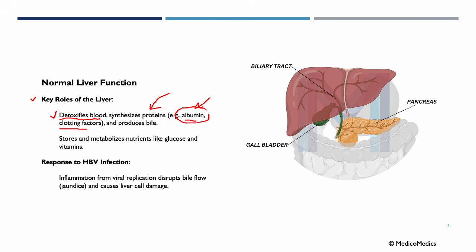Another one is clotting factors. So the liver synthesizes proteins essential for our blood clotting, like fibrinogen and prothrombin. And these are crucial to preventing excessive bleeding. If you haven't studied our hematology course, or blood physiology yet, you will.